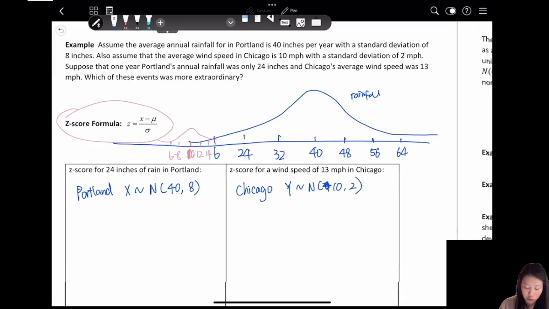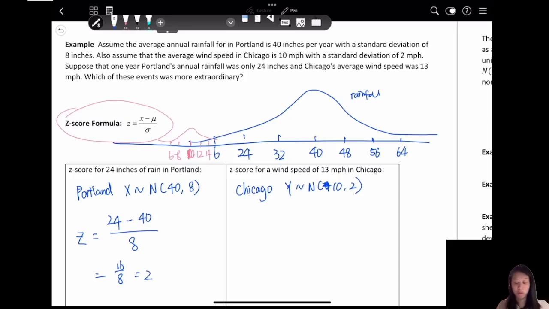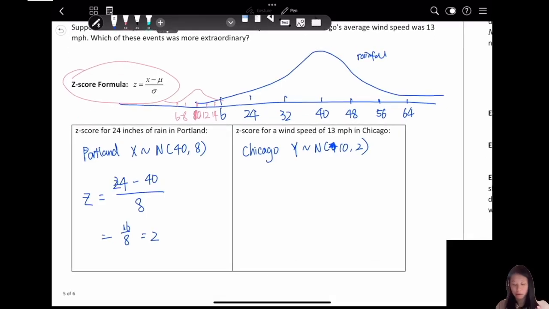So we know that the Z score of the Portland annual rainfall, when X equals 24, then minus the mean, which is 40, over the sigma, 8. So this equals 16 over 8, which is 2. So what does this 2 mean?